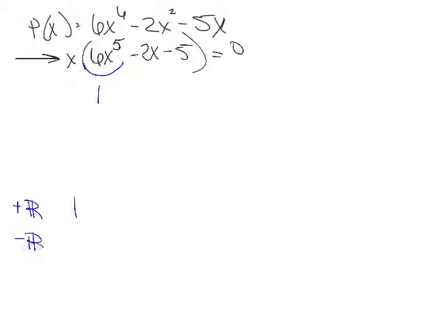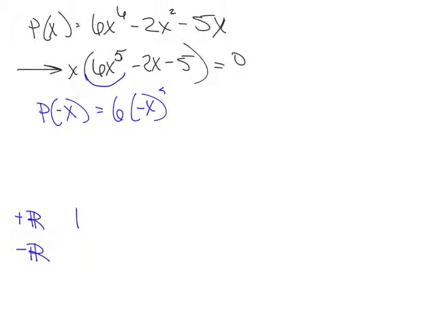Negative real numbers. Let's put in p of negative x. That's going to give me 6 times negative x to the 5th power minus 2 times negative x minus 5. Okay, and I go ahead and distribute that, and I get negative 6x to the 5th power plus 2x minus 5.